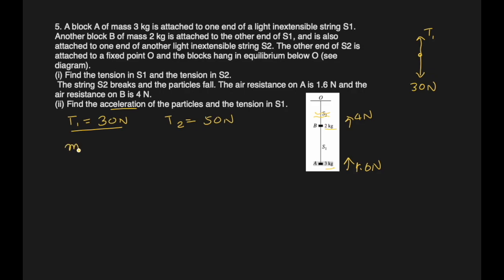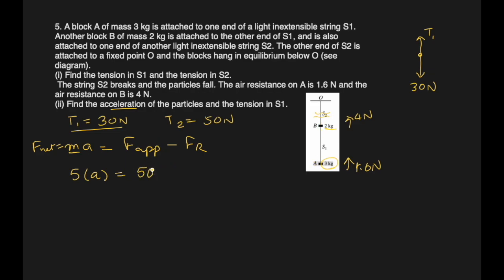We know that net force is mass times acceleration, which is the applied force in the direction of motion minus the resistive force. Mass of both of them is 5 kilograms. Acceleration we want to find. Applied force will be the weights of 3 and 2, both, because it broke from here. So both of them are falling down.